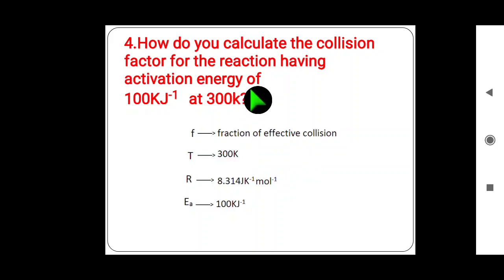From the question we can write the temperature as 300 Kelvin, the gas constant 8.314 joule per Kelvin per mole, and the activation energy 100 kilojoule per mole. First you have to write this as the given data.